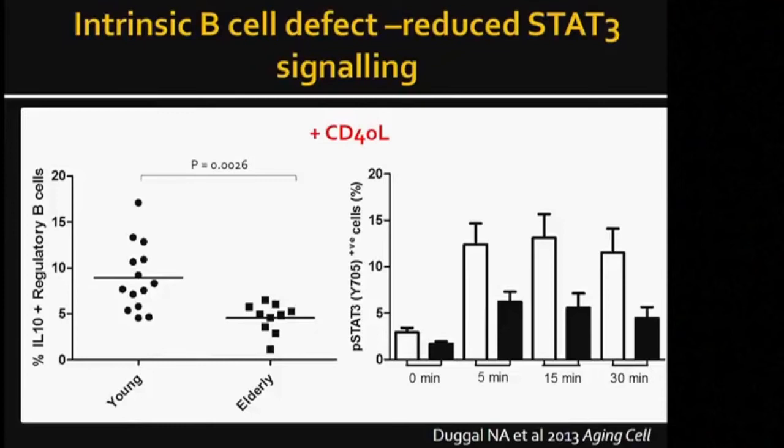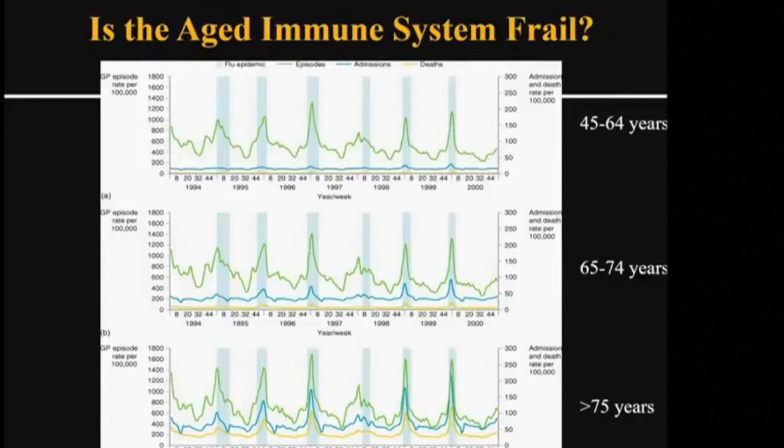So the signaling through this molecule STAT3 is profoundly reduced in the older person's cells. So your neutrophils, so you're more prone to bacterial infections, your immune memory fades, and you're more prone to autoimmunity as we get older. But what about this aspect?